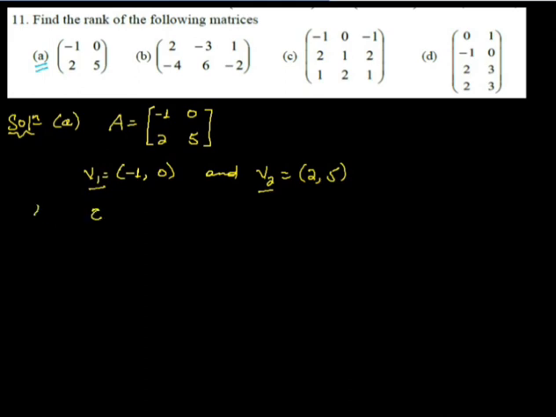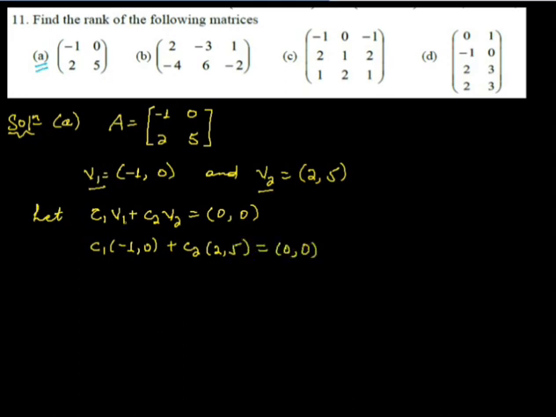So we have C1 V1 plus C2 V2 equals 0. So let us calculate this C1 and C2. So C1 times (-1, 0) plus C2 times (2, 5) is equal to 0.